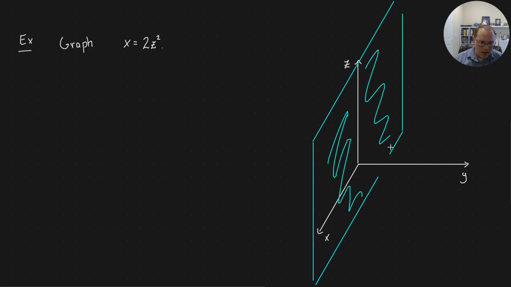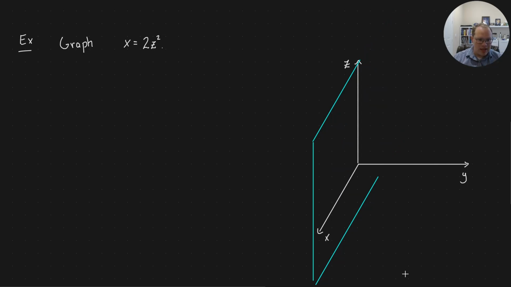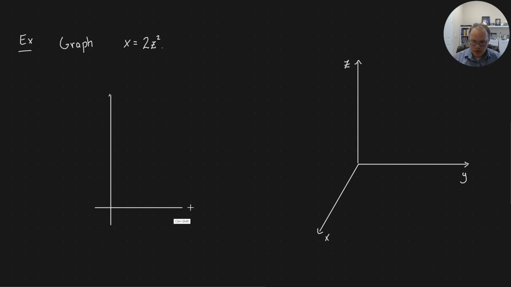So it's this plane here. So I'm going to focus on just that plane. So I'm going to kind of even take that plane and separate it. So here's my x-axis, positive x-axis. Here's the positive z-axis. What would x equals 2z squared look like?